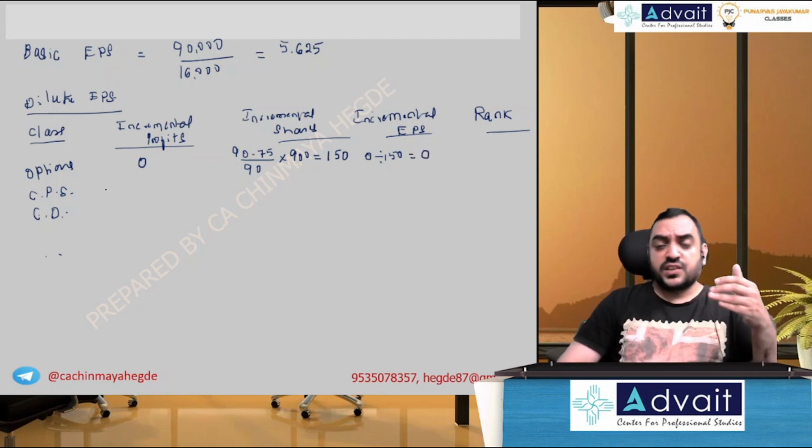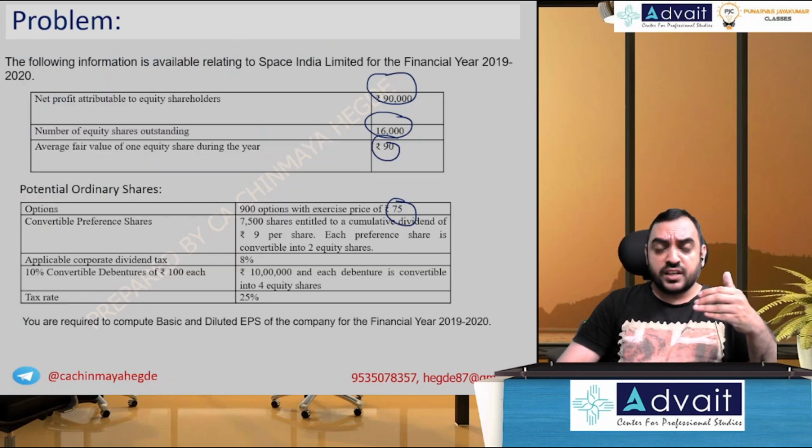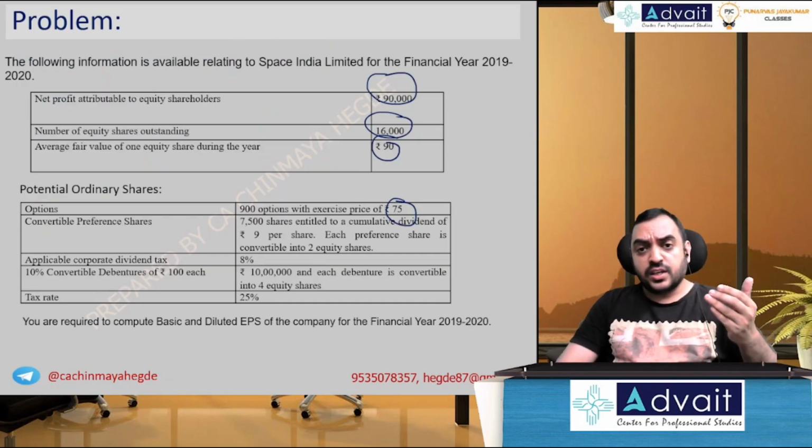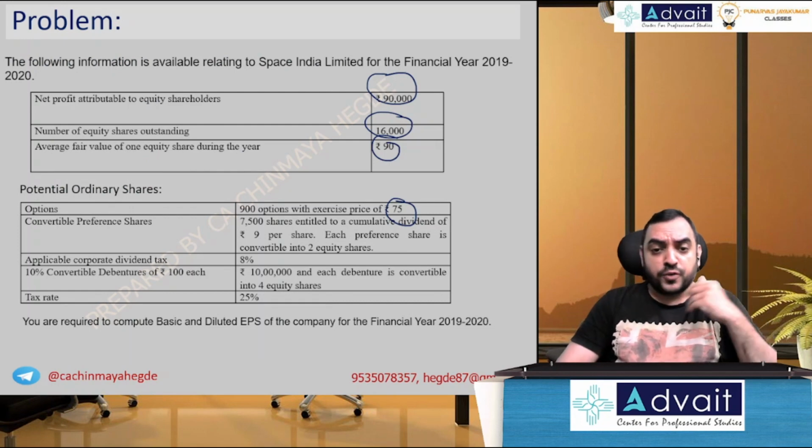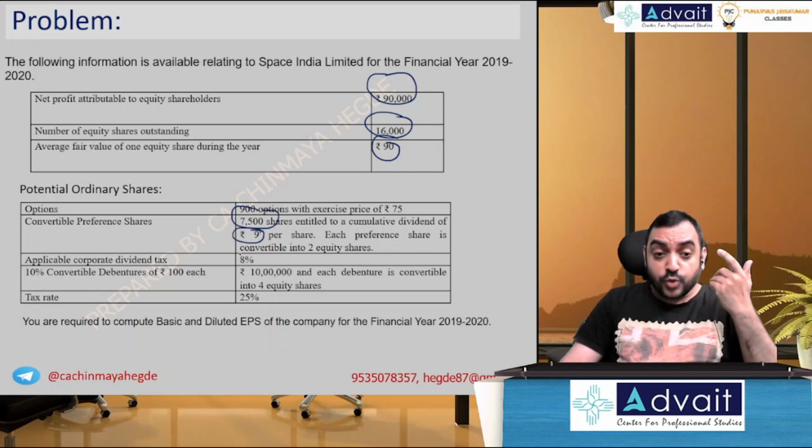Convertible preference shares. When preference share becomes equity share, preference share dividend need not be paid, so your profit will increase. Preference share, 7,500 into 9. And you have dividend tax.